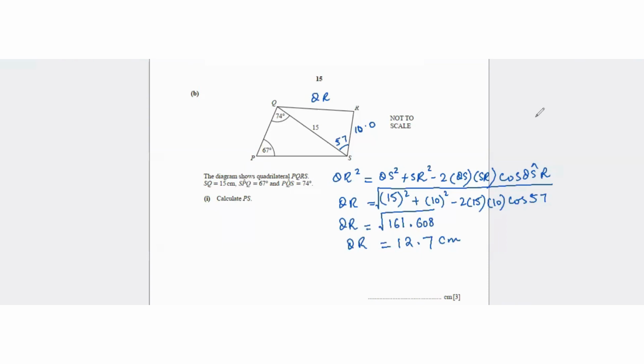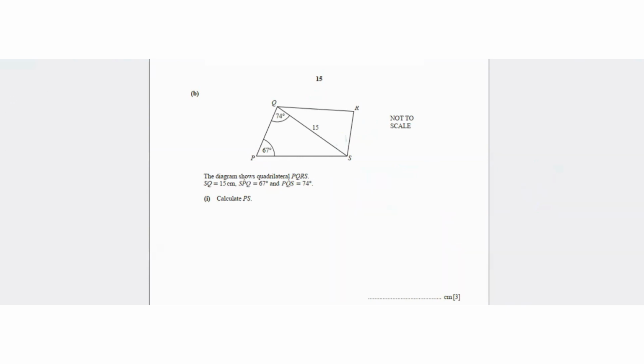If you do it separately and just directly subtract 2 times 15 times 10 from that, your final answer would be completely wrong. Despite you using the correct formula, your answer would be wrong because you would just be randomly subtracting it and forgetting about the cos. Because when you do the cos later on, your answer would be incorrect.